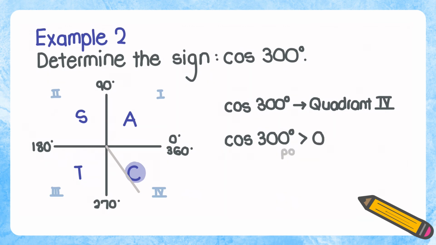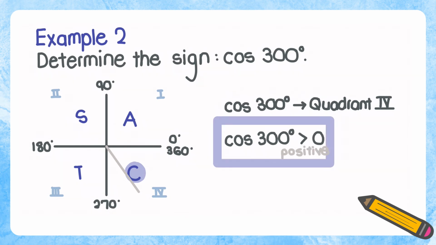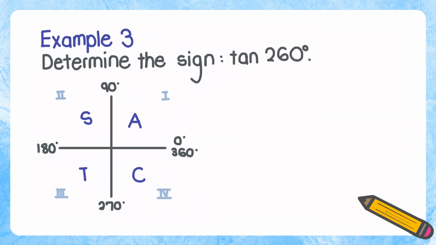So we know that cosine of 300 degrees will result in a positive answer. We were able to determine that cosine of 300 degrees is positive using the fact that the angle 300 degrees lies in quadrant 4. For example 3, we're going to determine the sign of tangent of 260 degrees.